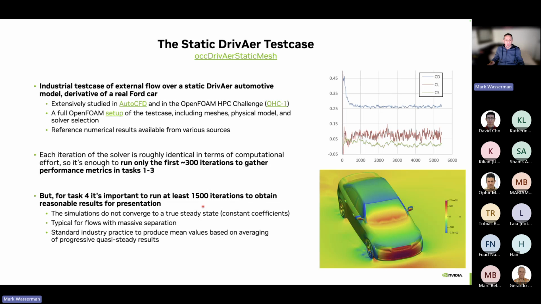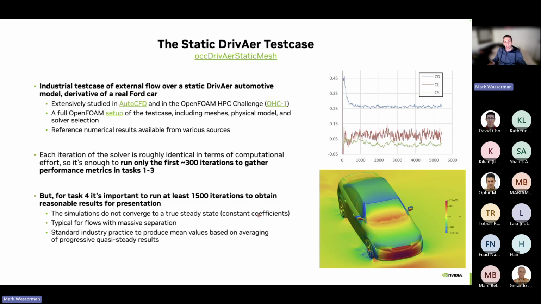Keep in mind that the simulations do not converge to a true steady state, meaning that you probably won't get to a point where these coefficients that I mentioned before, which represent the overall flow around the car, reach a plateau. Instead, you will have some kind of noise like this, and this is acceptable and reasonable, and it's expected for this type of flow that includes a massive separation due to the configuration of the car.